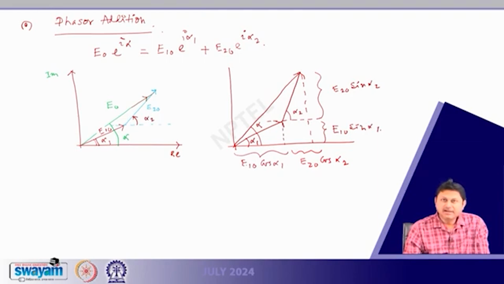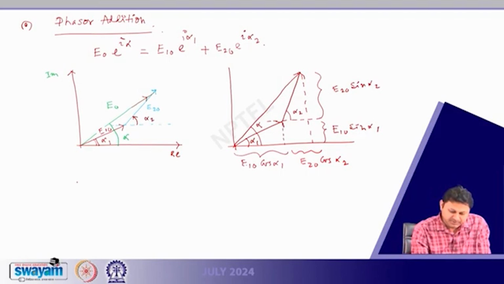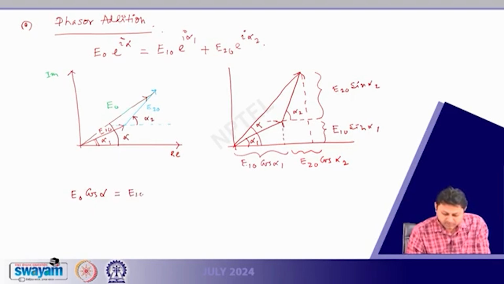When we divide everything component-wise, the left-hand side is simply E0 cos of alpha, which equals E10 cos of alpha 1 plus E20 cos of alpha 2.